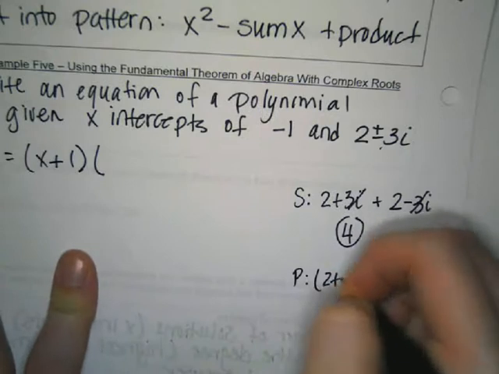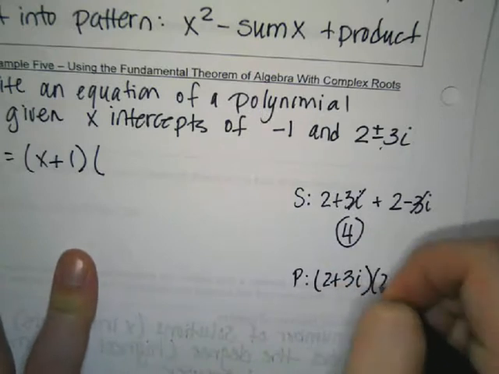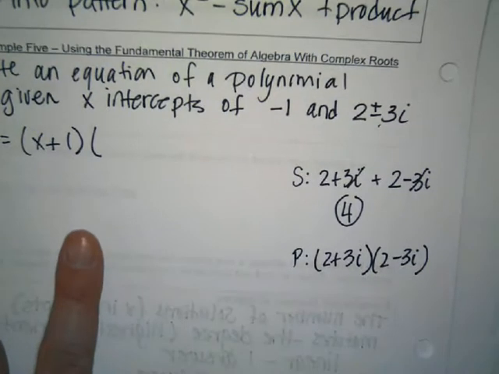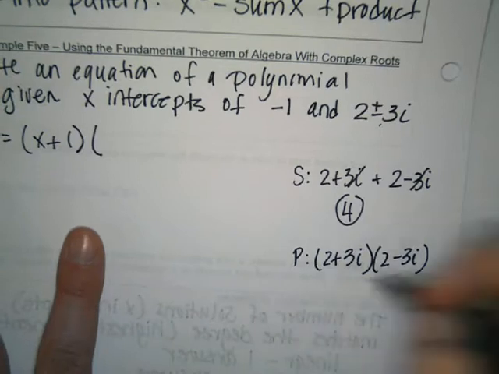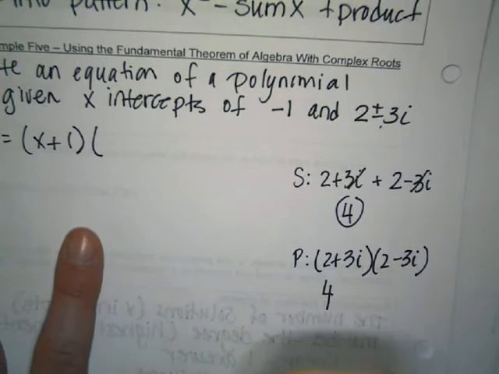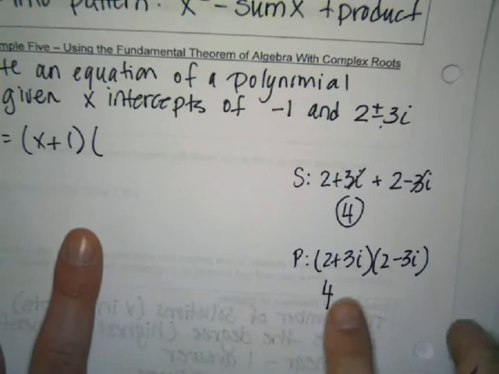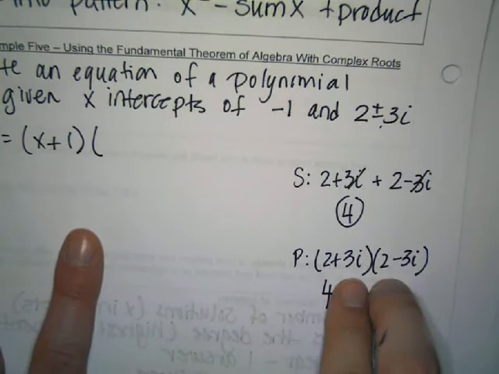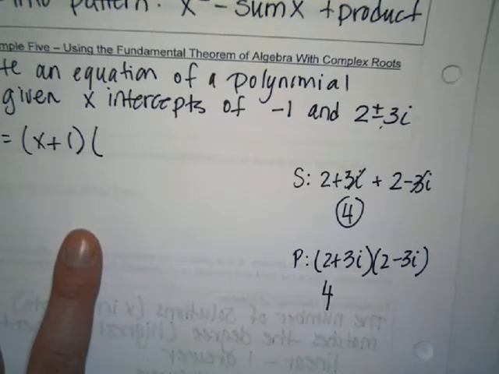And if I multiply them together, we've done this before. You FOIL them together. 2 times 2 gives me 4. My outer, -6i. My inner is +6i. So -6i plus 6i gives me 0.